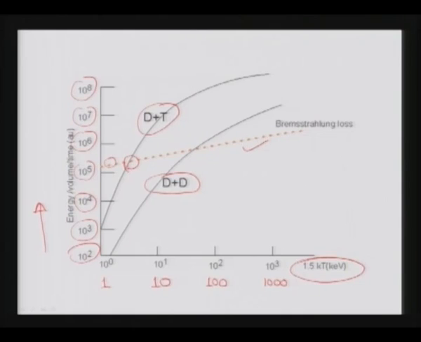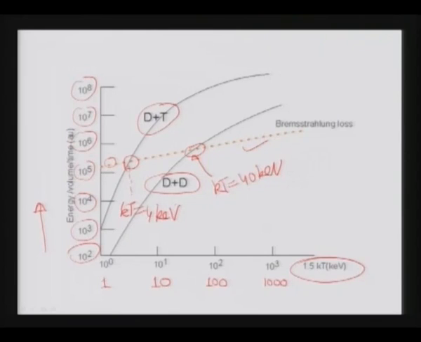This corresponds to something like kT equal to 4 kV. Here this loss and the production will match with each other, and for DD it crosses at this point, and this is something like kT equal to 40 kilo electron volts. Here kT is approximately 4 kilo electron volts.